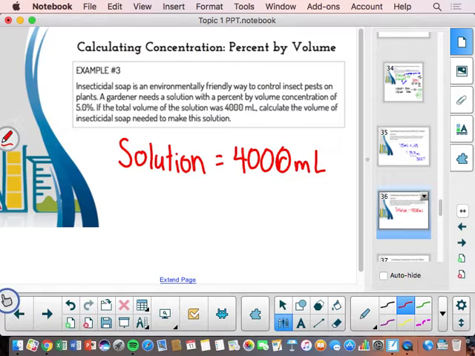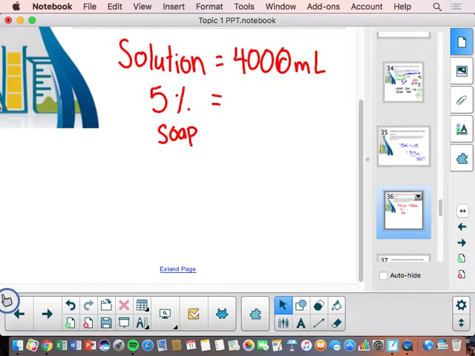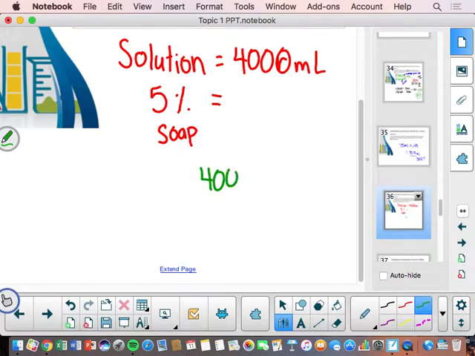So if the whole solution is 4,000 and we need 5% to be soap, we don't need to use that formula per se. We just need to find out what 5% of 4,000 is. So we go 4,000 multiplied by 5%.